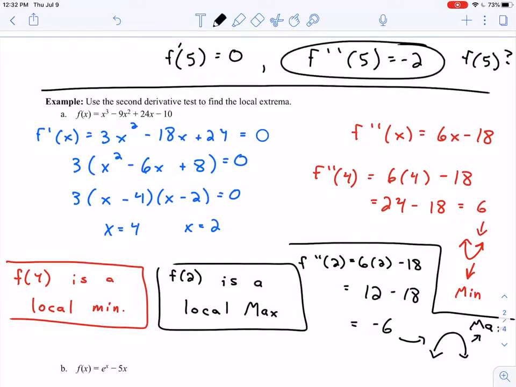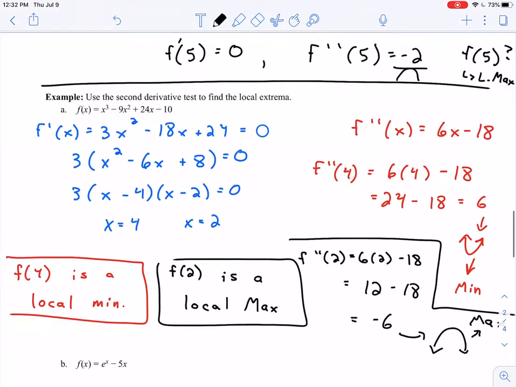Second derivative is negative, so we have a concave down graph. In that case, we know that f of 5 is a local maximum. So just be sure that you practice the second derivative test and understand what it's telling you, because I promise I will ask at least a couple questions about it.